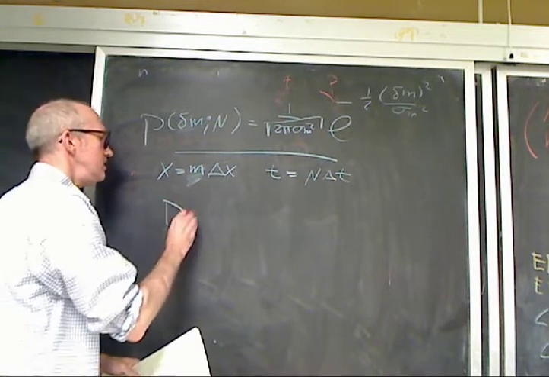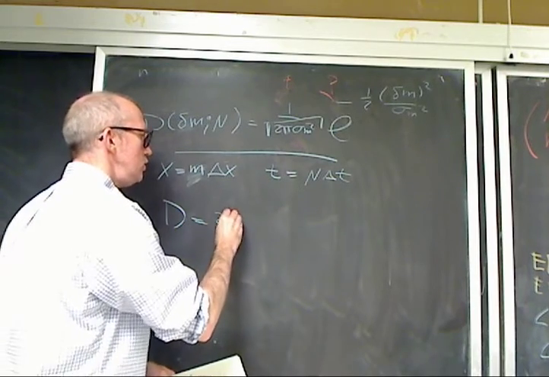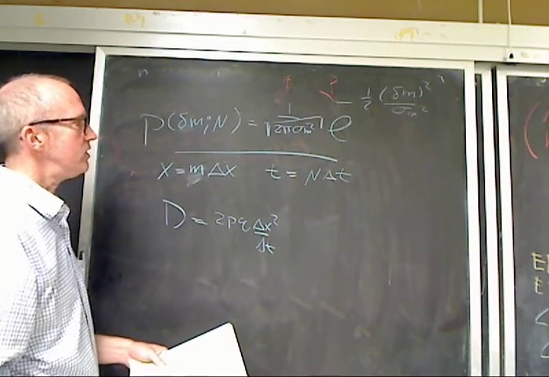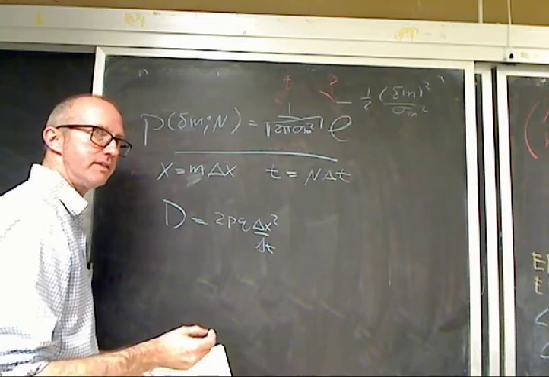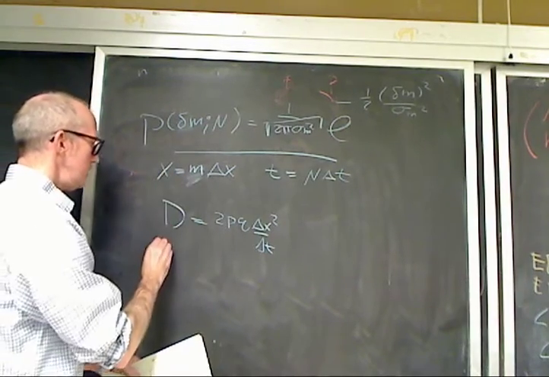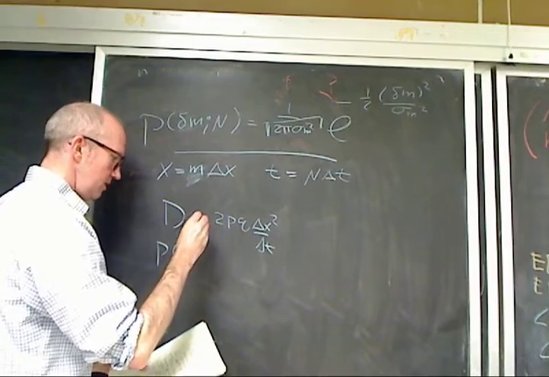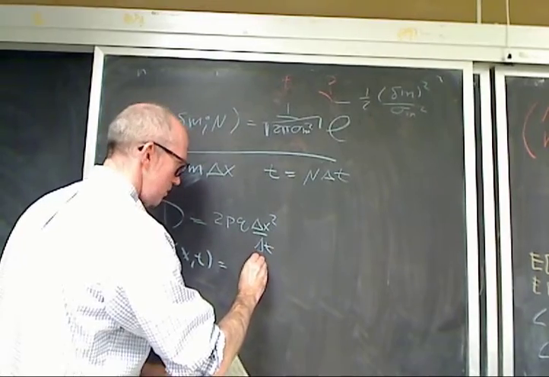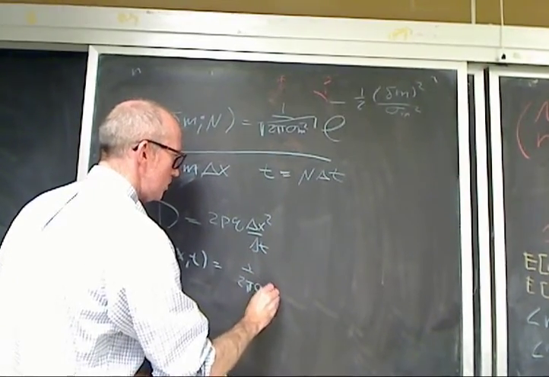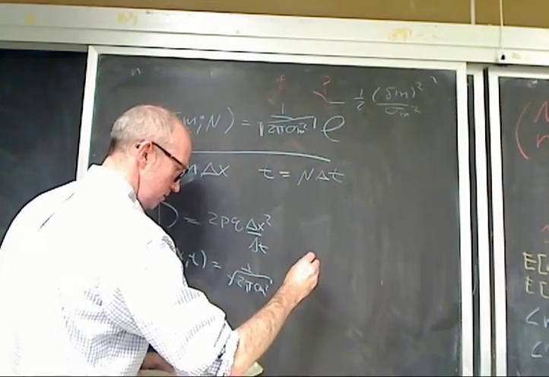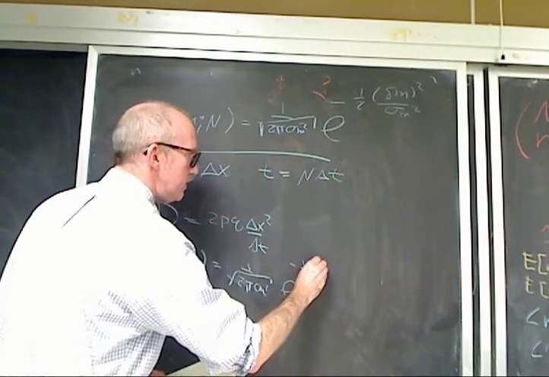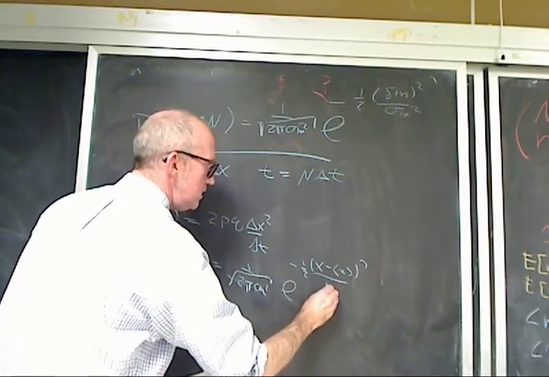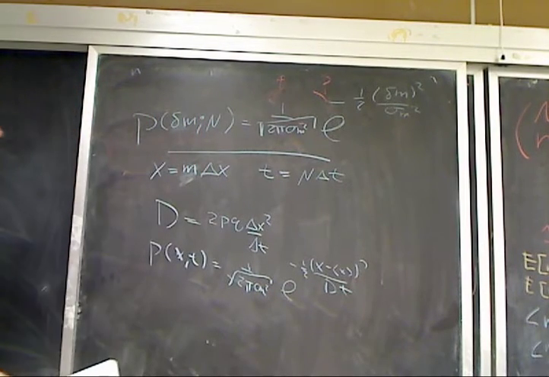So if we define a constant d, which is just equal to 2pq delta x squared over delta t, this is just to make the units work right, then my probability of x and t is just going to be equal to 1 over the square root of 2 pi sigma m squared, times e to the minus 1/2 x minus average x squared over d times time.